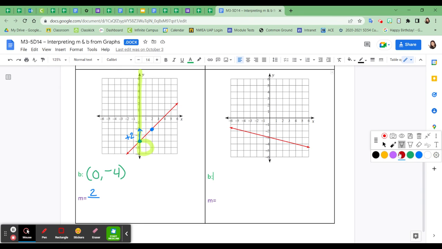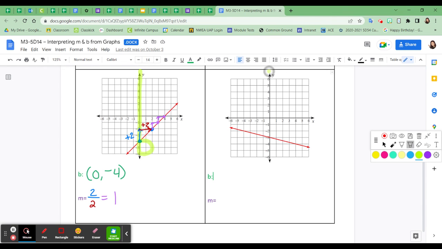And we need to go right 2, which is a positive 2. 2 divided by 2 gets us a positive 1. And I can also see that every time I go up 1, right 1, up 1, right 1. So 2 over 2, 1 over 1, they're equivalent.